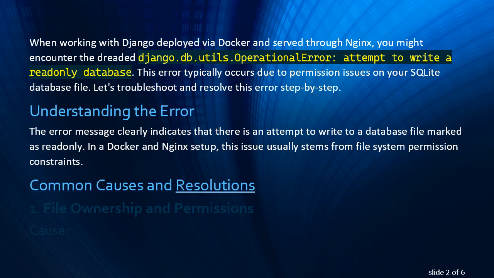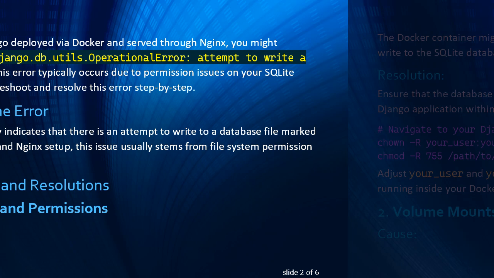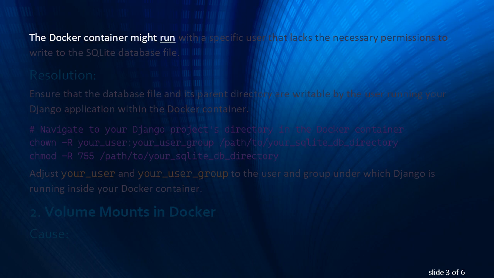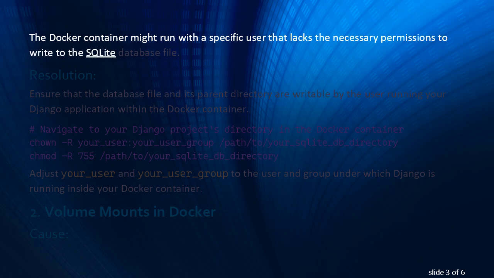Common causes and resolutions. 1. File ownership and permissions. Cause: The Docker container might run with a specific user that lacks the necessary permissions to write to the SQLite database file.